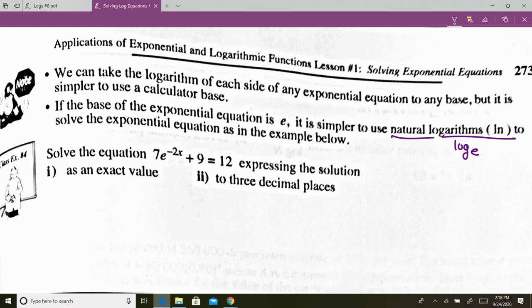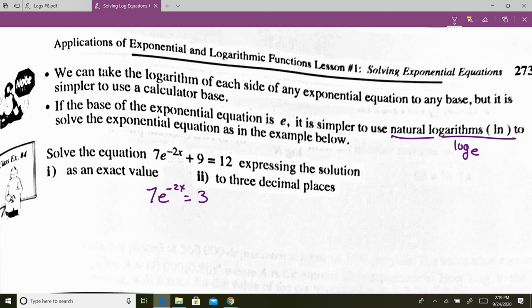Okay, so now what do I do? What's my first step here? Subtract the 9, okay? All right, we got that. Now what? Okay, what do you mean convert to logs? Natural log both sides, is that what you're saying? Okay, now you could do that and it's not wrong.